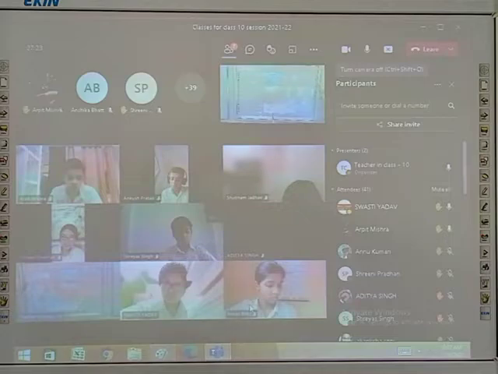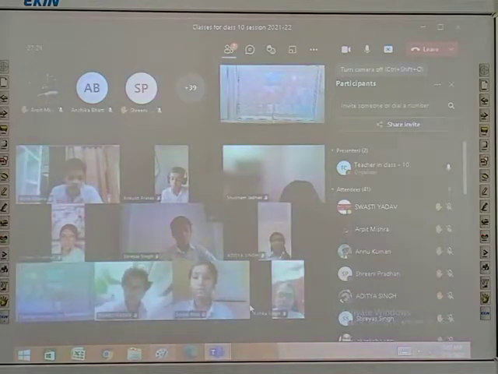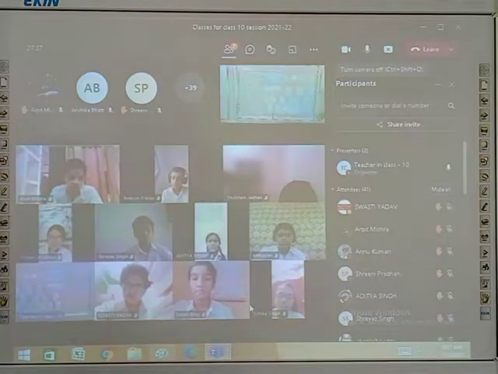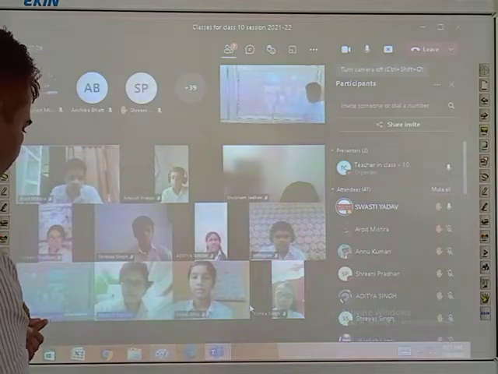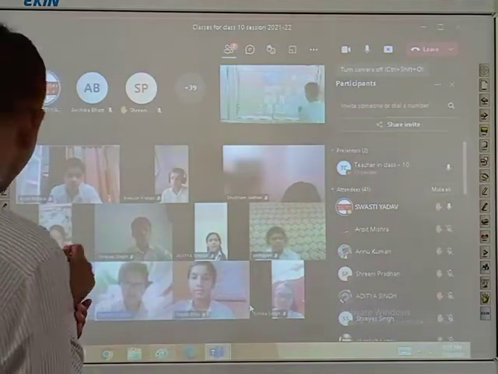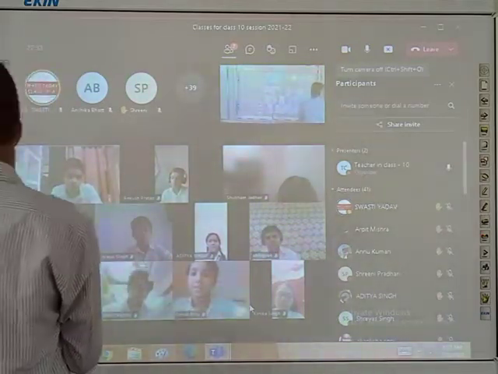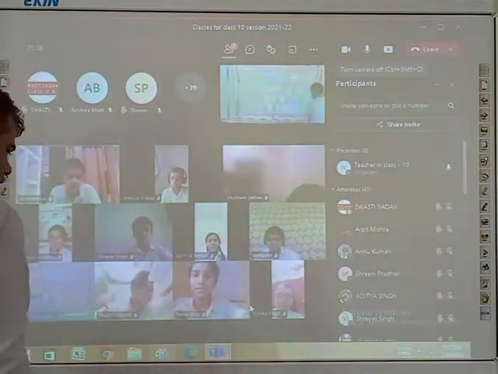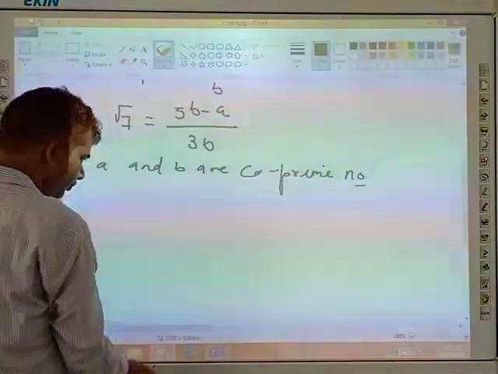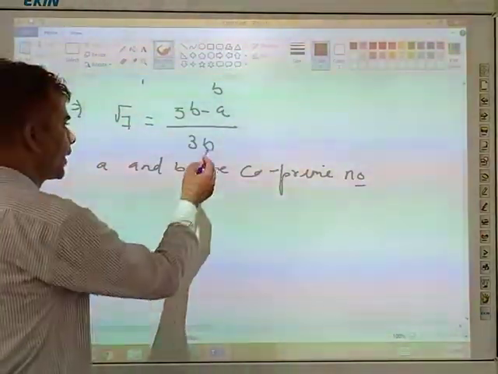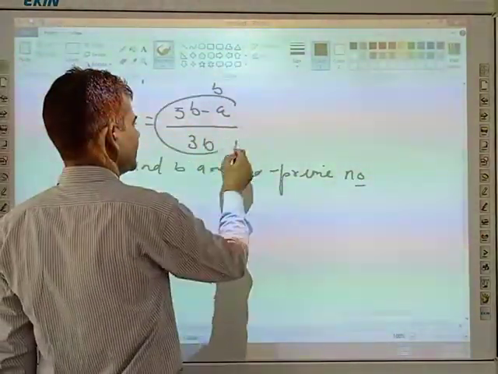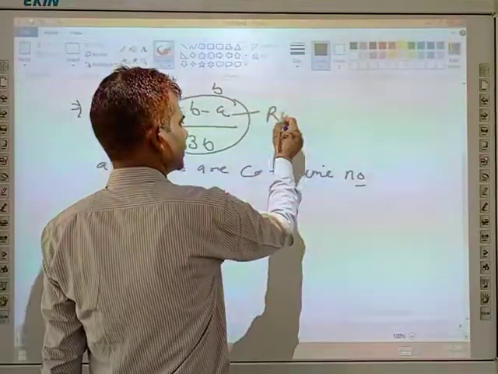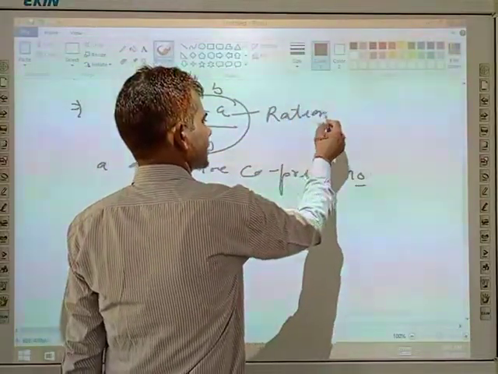So we can also note them as integers. a and b are integers as well as co-prime numbers. Now students, 5b minus a by 3b is a rational number.